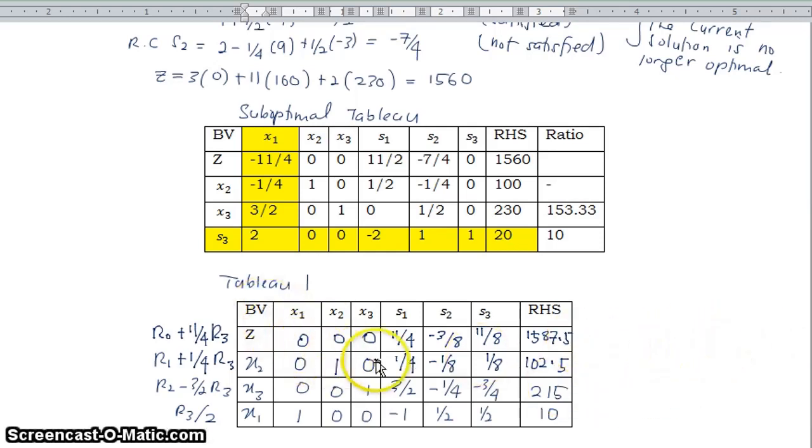Now, check the optimality of this tableau. Since there still exists negative coefficient in row 0, this tableau is not the optimal tableau.